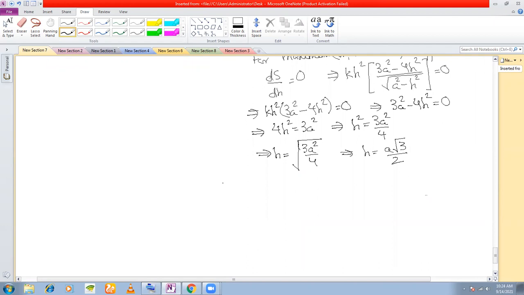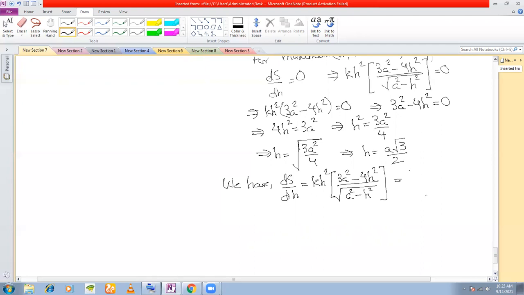But before finding out the second derivative, we first simplify the first derivative a little so that it is easier for us to differentiate. ds dh, if we had found this out to be kh square into 3a square minus 4h square divided by root over of a square minus h square. This is what we had found out the first derivative to be.